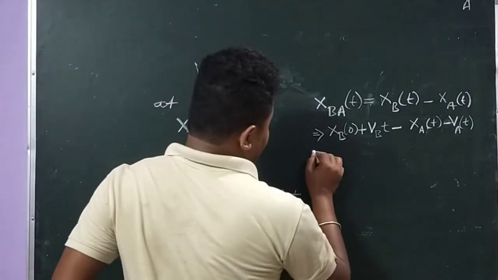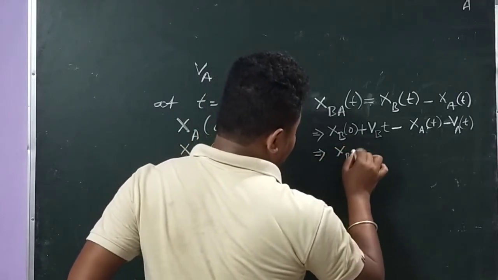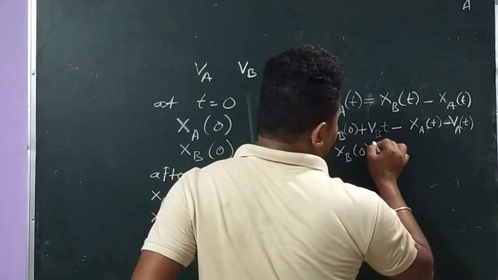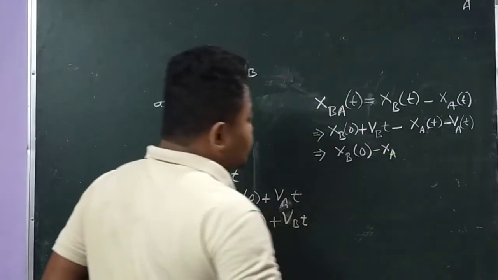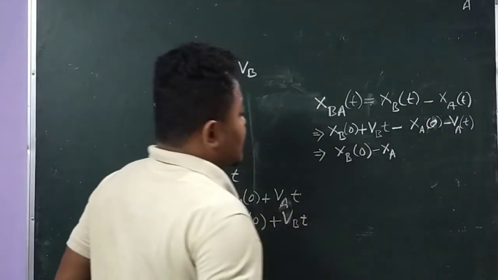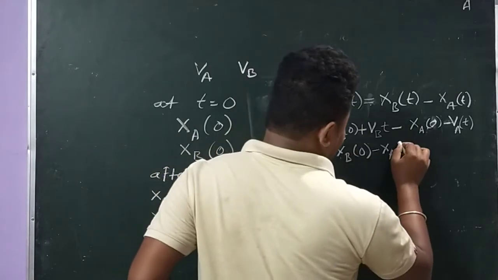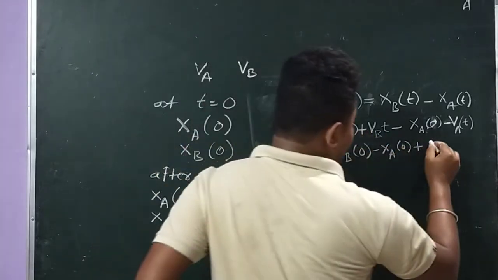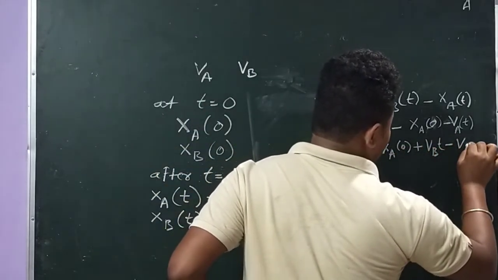So this implies, if I arrange them, XB0 minus XA0. It is XB0, this is XA0, okay? Yes. So this XB0 minus XA0 plus VBT minus VAT.